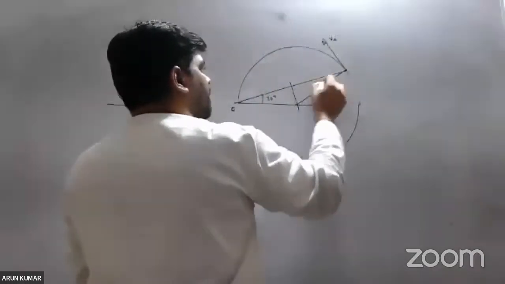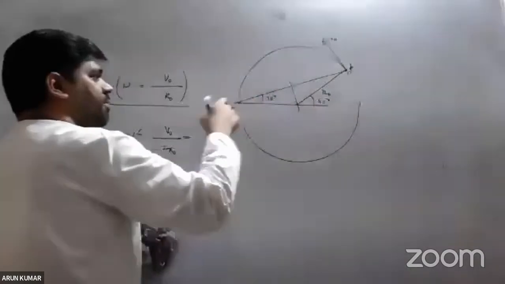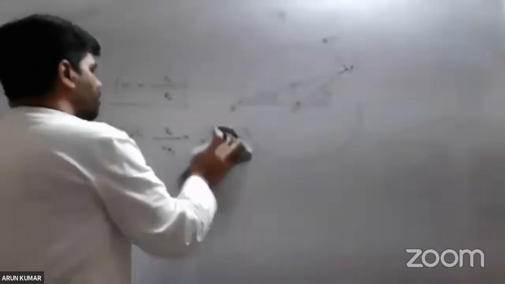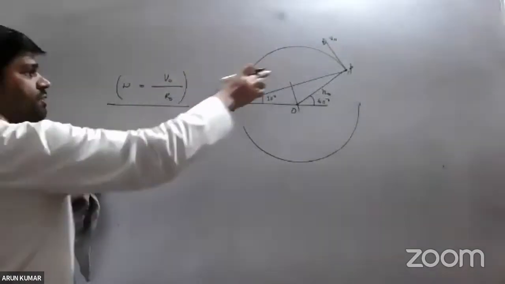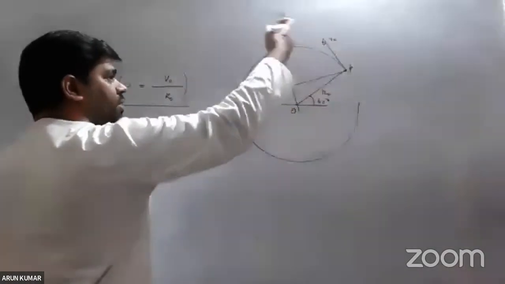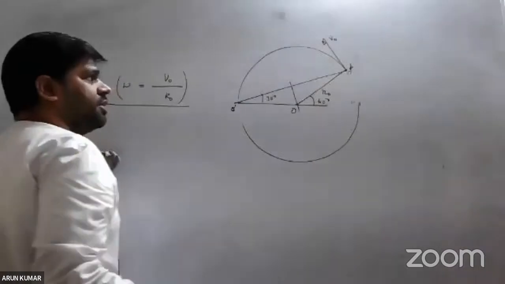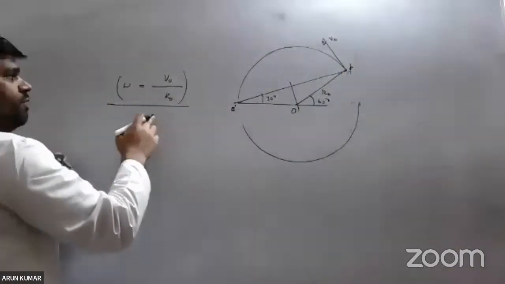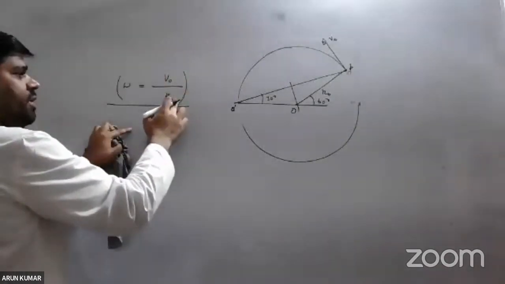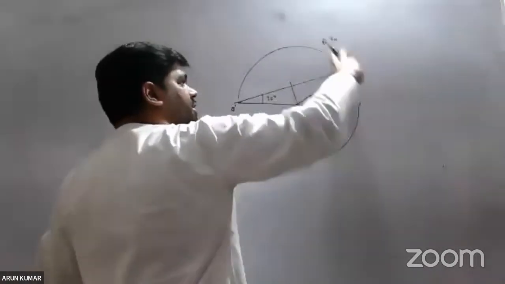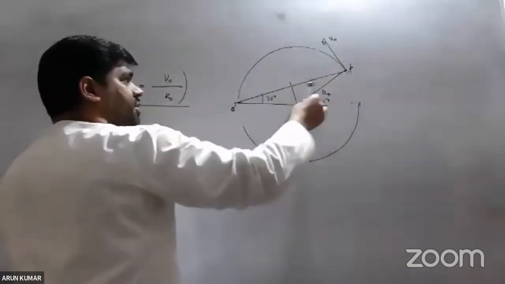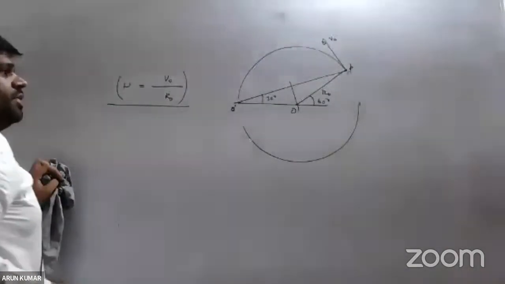I have to find omega of P about O prime and omega of P about O. About O it is the same, V naught by R itself, because V perpendicular is V naught and the distance is R. In a circle, if it is going with constant speed, omega is constant. Omega is V perpendicular by distance; V perpendicular is V naught, the distance is R naught, and both remain constant, so omega remains constant.